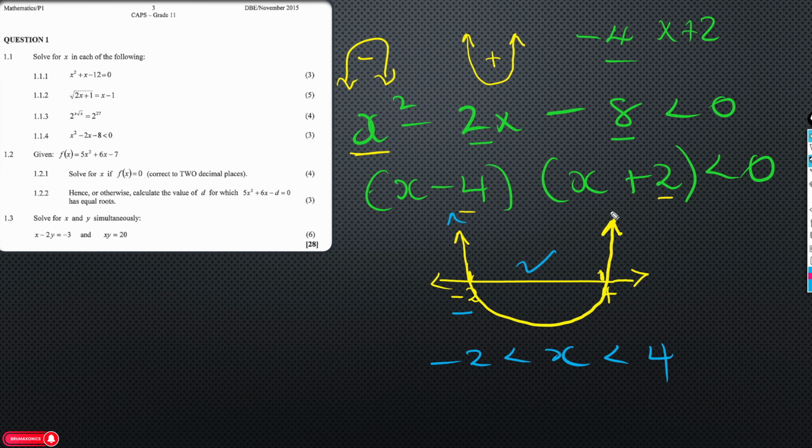The graph will increment up until infinity, and our lowest will be negative 2, then the other one will be positive 4. I hope that you understand the answer. Remember, the most important thing is to check if this is equal to, greater than, and so forth. So this is the solution for 1.1.4. Let me erase the board.